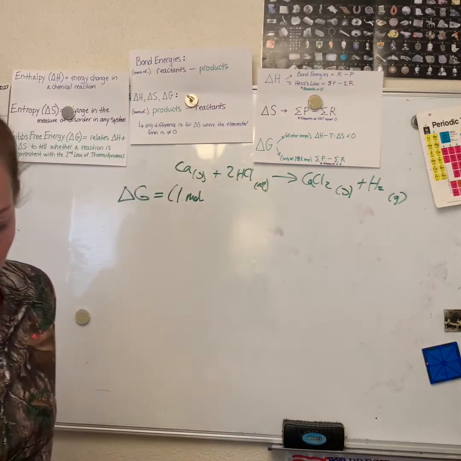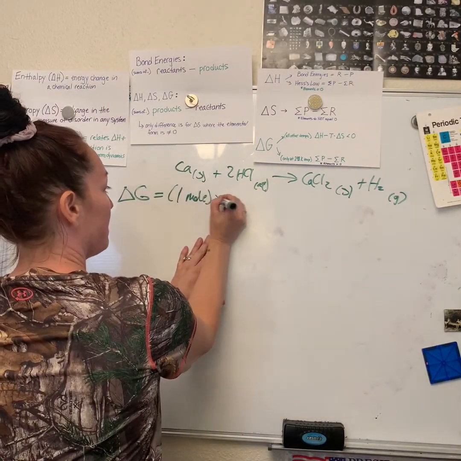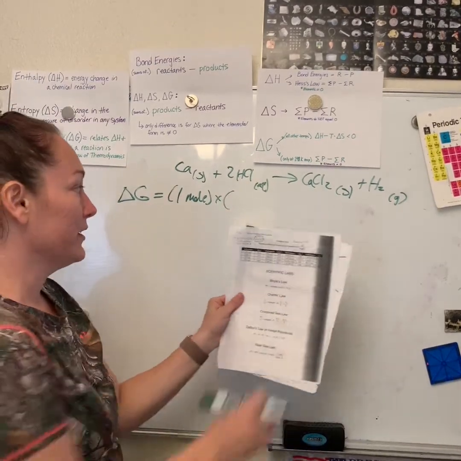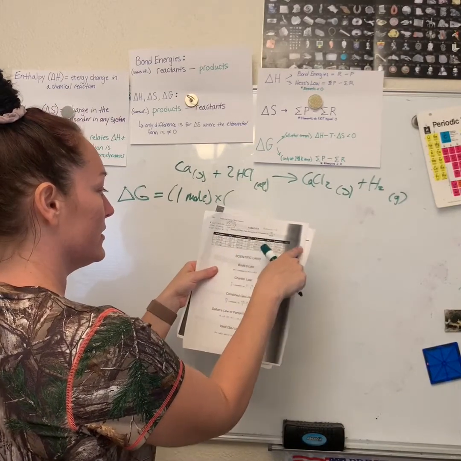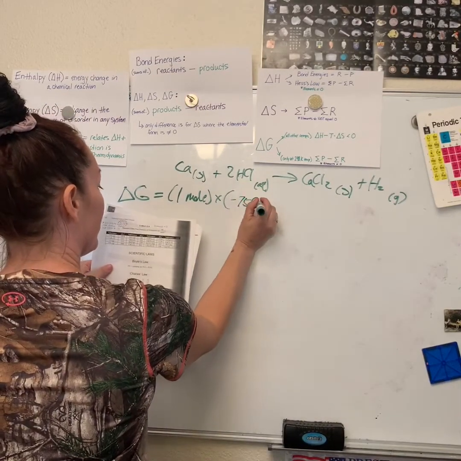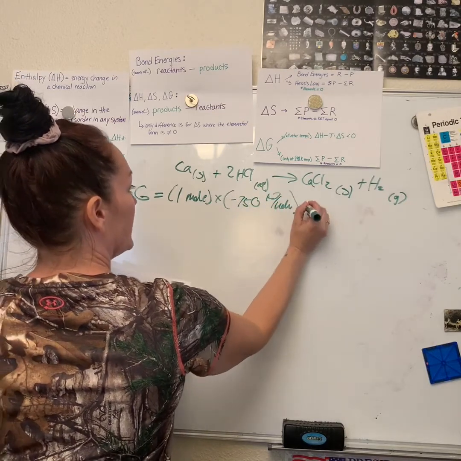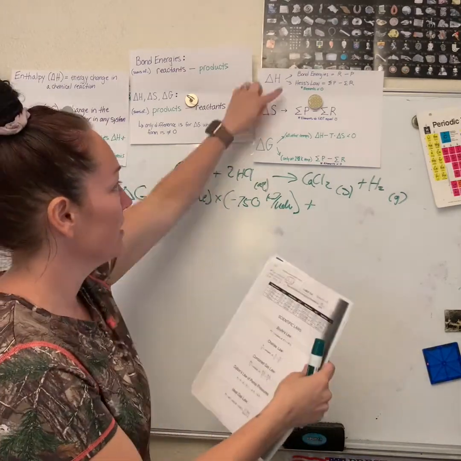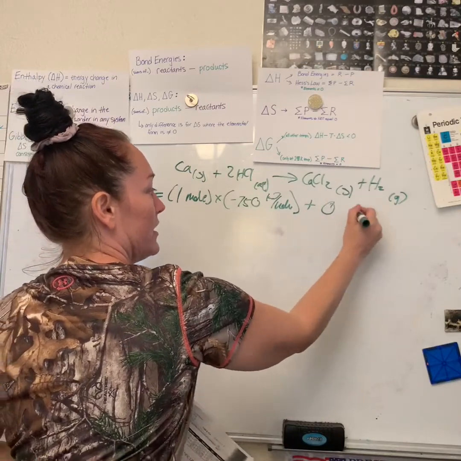Okay, so let's go ahead and start here. I've got 1 mole of that, and this is where I can use my table, my last table here. If I look at my table, I will find it down here, and it's negative 750. Look for your units, kilojoules over moles, plus H2. Remember, same thing with this. When it's an element, it's just a big old 0.